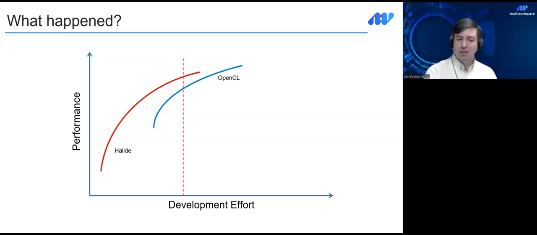But where these performance curves are shifted, there is a significant range where the development effort required to get a certain level of performance is better in Halide in a lot of circumstances, even though there are circumstances where Halide peaks out. And yes, OpenCL gets you better performance if you find the optimizations that you couldn't have done meaningfully in Halide, again, because of some of the technical limitations.